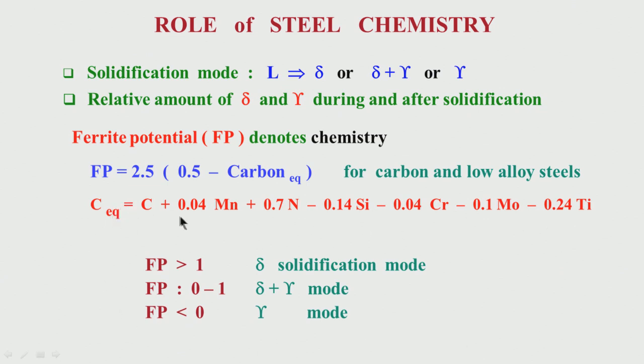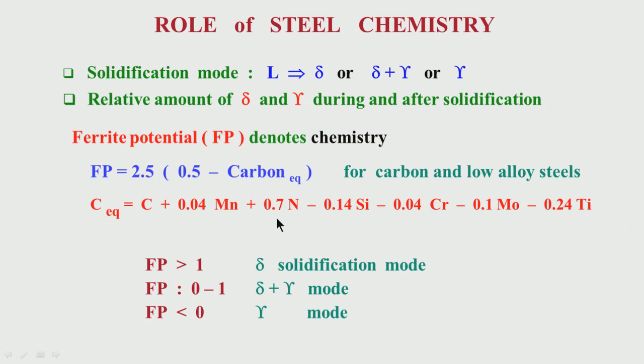Look at here, it is carbon plus the role of other alloying elements on carbon activity. It depends on manganese, nitrogen, silicon, chromium, moly, titanium. Now, look at manganese, it is plus, that means it increases the carbon activity. Like carbon, which is an austenite stabilizer, manganese is also an austenitic stabilizer, nitrogen is also an austenitic stabilizer.